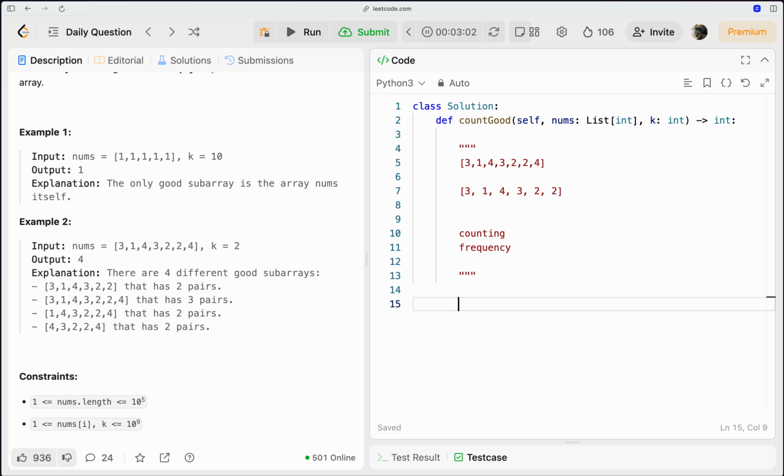To do that, maybe we could do a frequency, which is a default dict of an int, where the key would be a number and the value would be its frequency that we've seen so far. And then maybe some sort of sliding window.